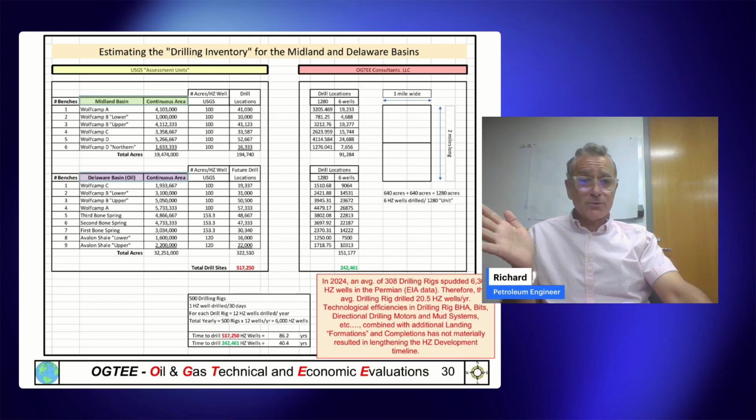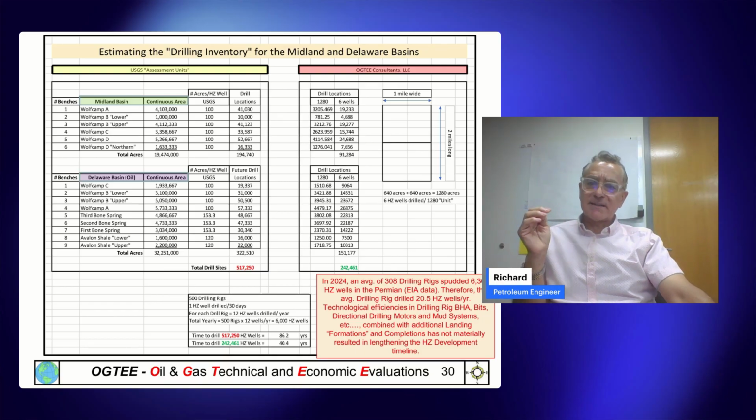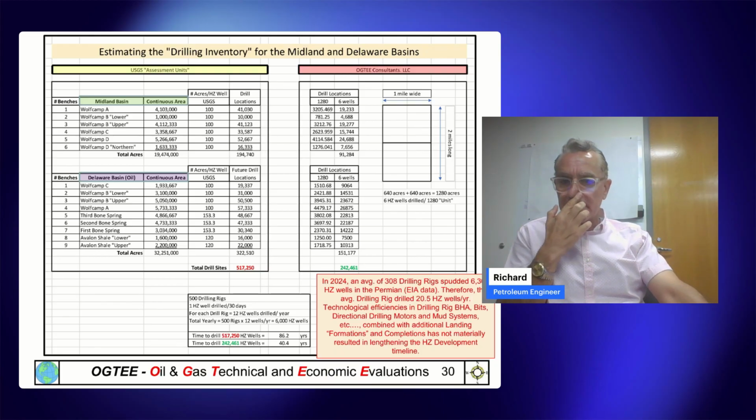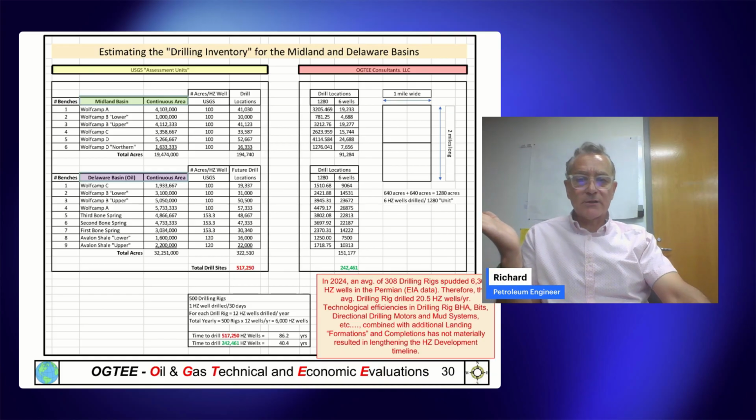Now, what I did do is go and look at Enverus. That's the data source that I use. I've used IHS in the past too, but Enverus is my favorite. Admittedly, in 2024, I looked at it, and there were 308 rigs that spudded 6,300 wellbores in the Permian Basin. With that in mind, that averages about 20 and a half horizontal wells a year per rig, versus what I had over here, which was only 12.